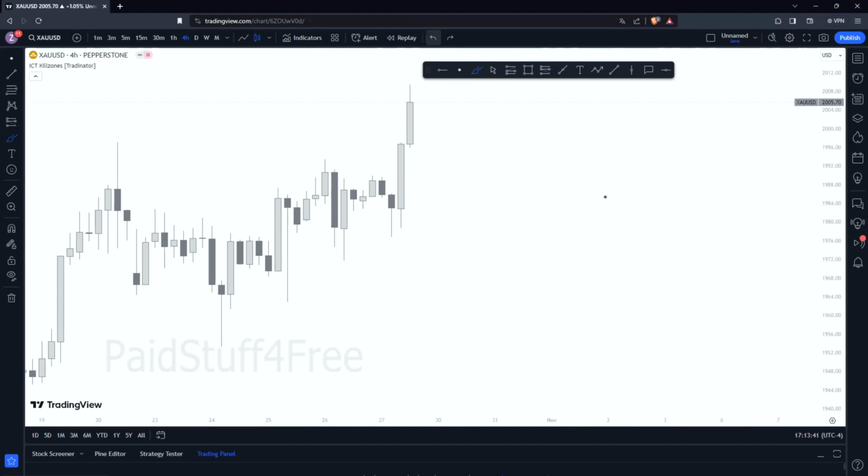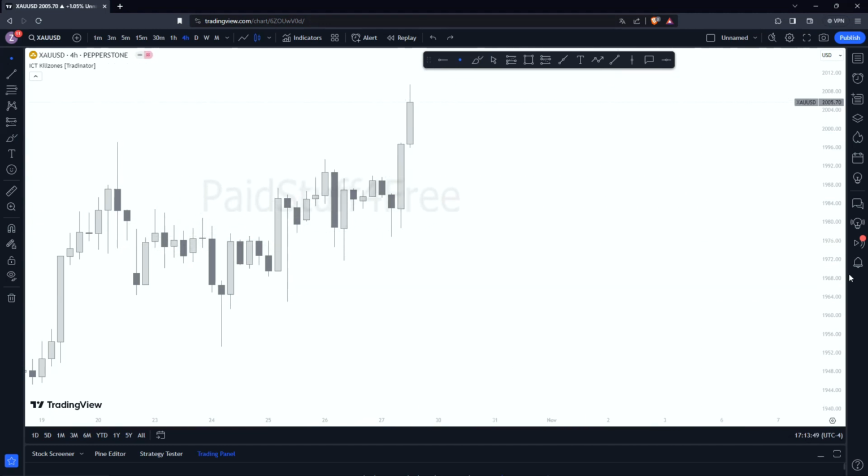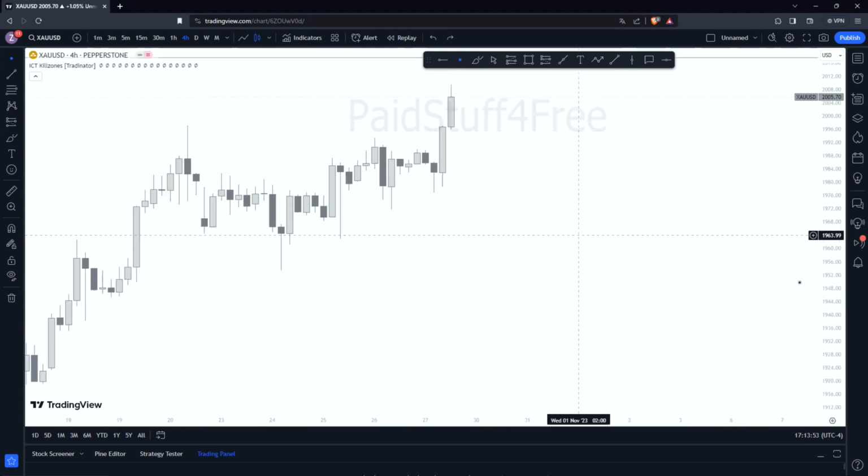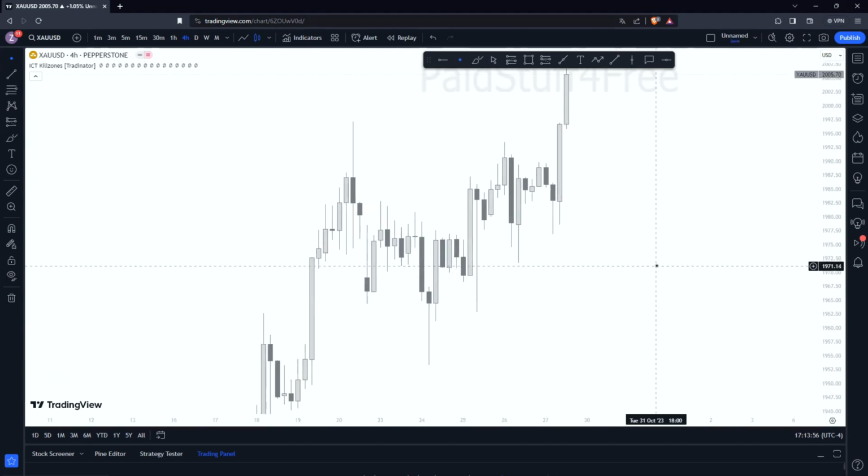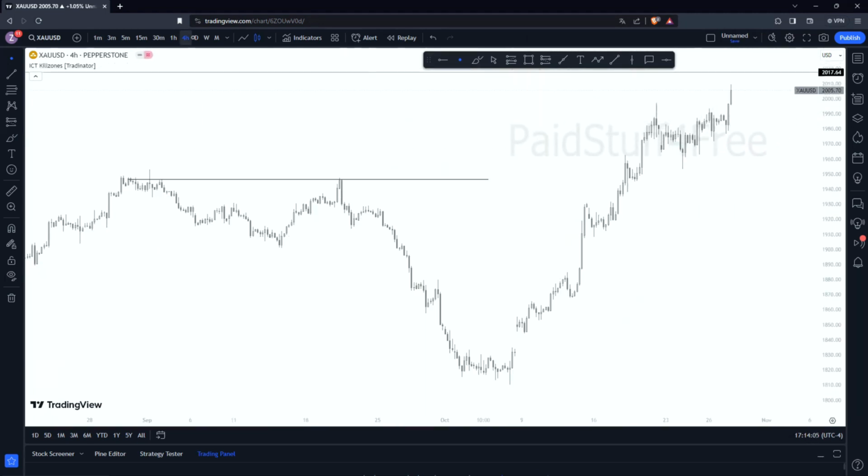But from my experience, 7 pips stop loss is the best stop loss for the consequent encroachment. But if you're hesitating to take that and you're escaping from that low stop loss, just don't go with the 7 pips. You can go with 15, 20 pips.